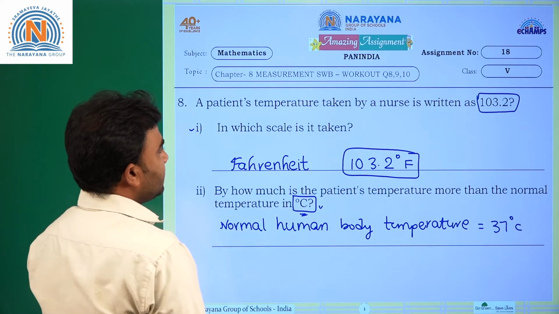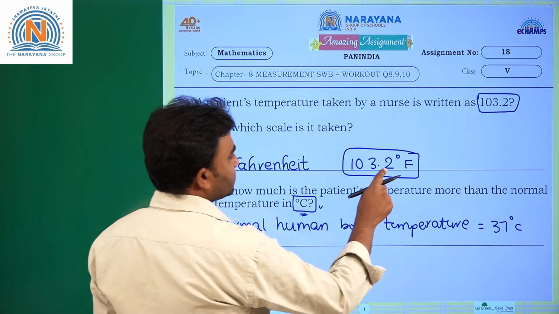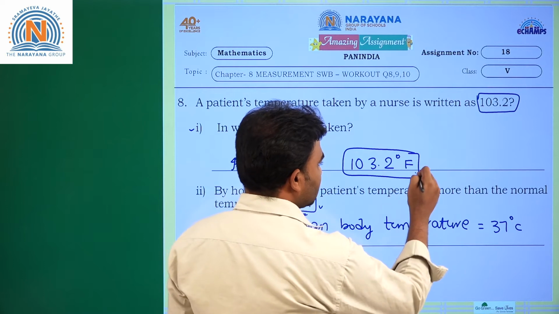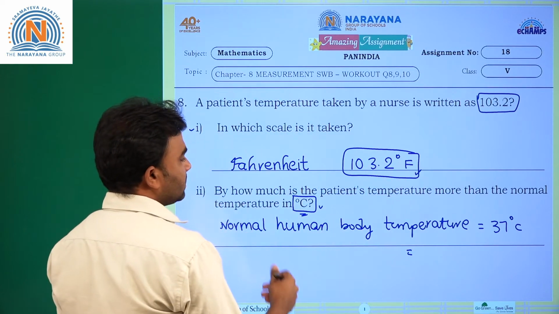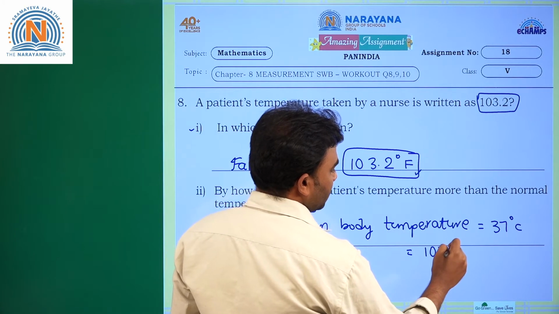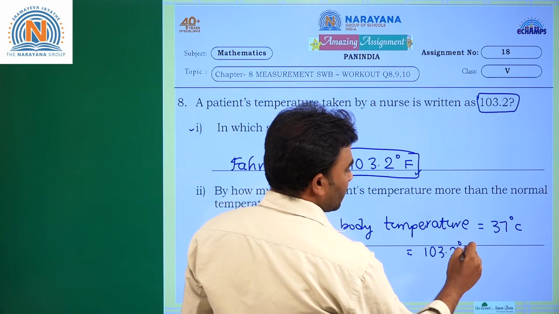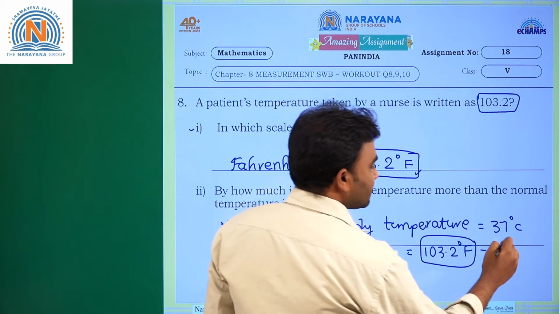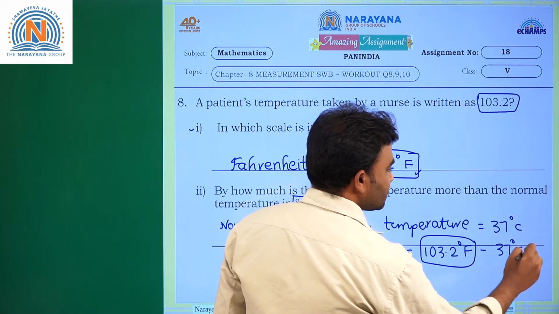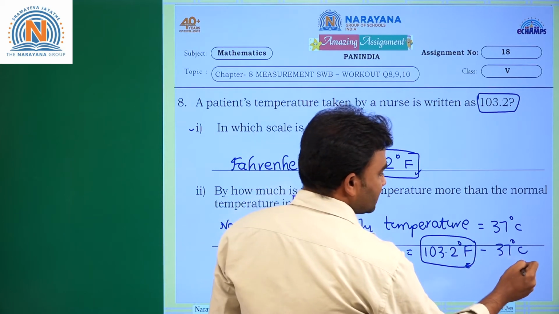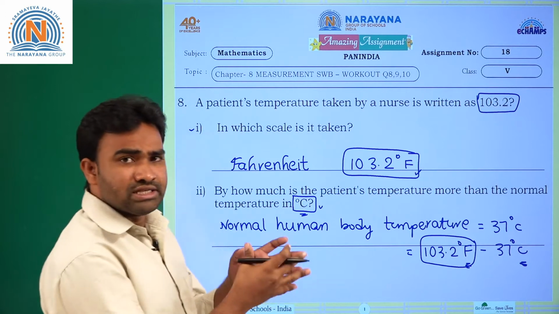The recorded temperature is 103.2 degree Fahrenheit. To find the difference, we subtract 103.2 degree Fahrenheit minus 37 degree Celsius. Here one temperature is in Fahrenheit and the other is in Celsius.